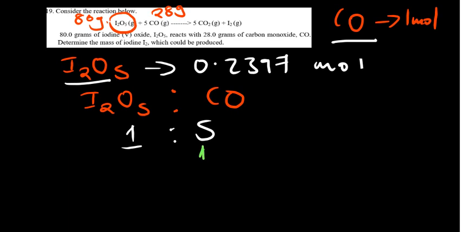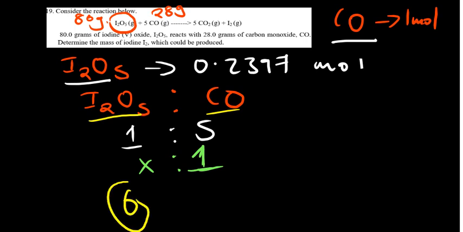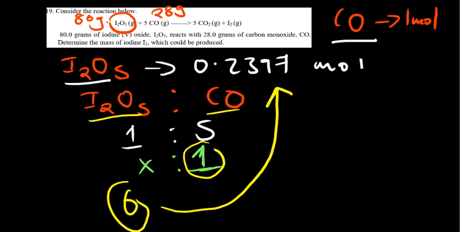So what are we trying to do? We're trying to find the number of moles of iodine 4 oxide that the carbon monoxide requires, given we have one mole in the question. If the value we find is, let's say, 6, then compared to what we have, it means the iodine 4 oxide wasn't enough.